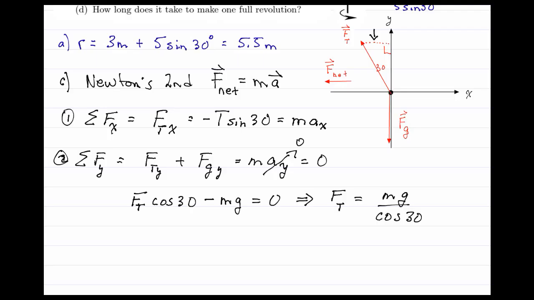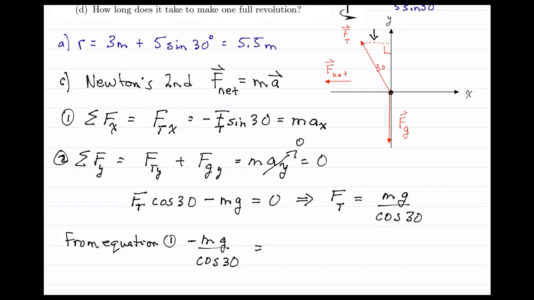From equation 1, we get the following. We have the tension, again I'm messing up the notation here, so it's F sub t, which we know is mg over cosine 30 degrees. There's a negative sign here because it's in the negative x direction.